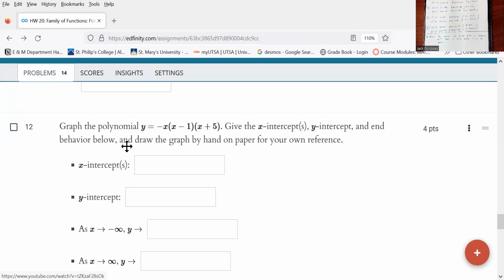So if your degree is 5, you could have at most 5 zeros, but you could have none or 1 or 2. So I can only guarantee a maximum of 5, the degree. I think there might be a minimum, but I have to look up the theorem. I want to say there's a minimum of one.